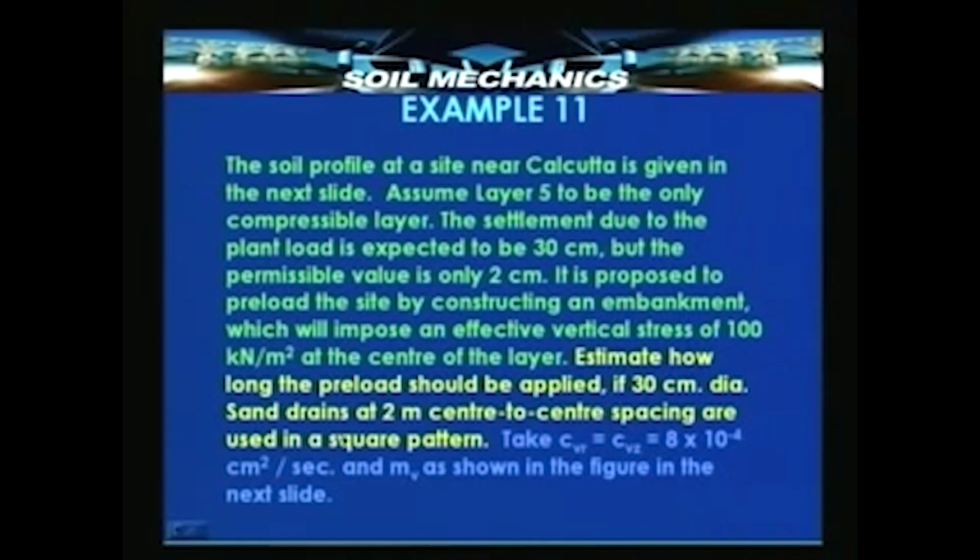The other conditions are that sand drains are used, they are of 30 centimeters diameter and they are at 2 meters center to center, and the pattern of arrangement is given as square, although in the previous example we saw that triangular is a better option.